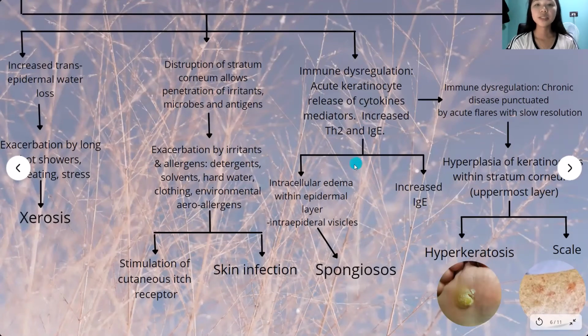This would also result in intracellular edema within the epidermal layer and intraepidermal vesicles, causing spongiosis. And this immune dysregulation can also cause increased immunoglobulin E.